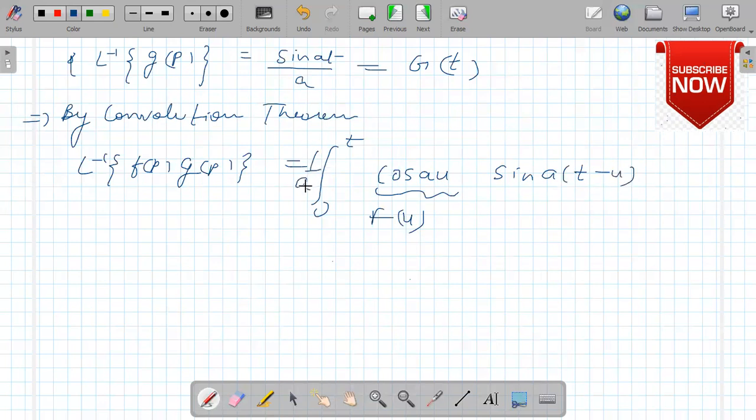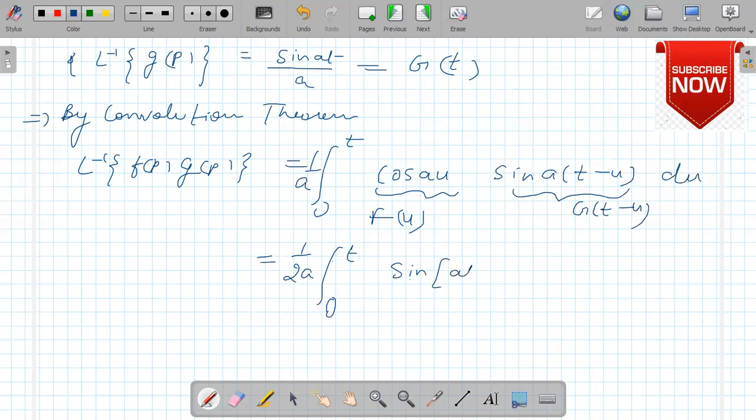Take 1 upon a outside, du. Again we make it sine a cos b, so we have 1 upon 2a here, sine of (a plus b) plus sine of (a minus b).